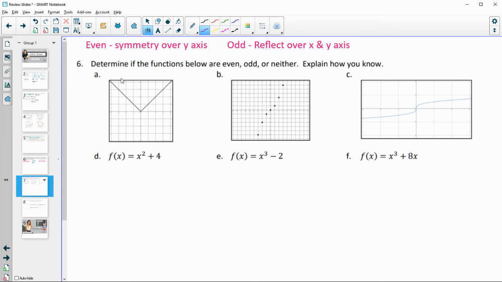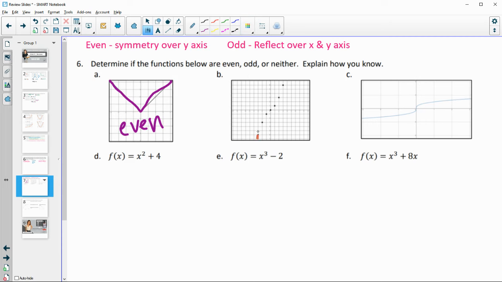If it's able to flip over the y-axis and land on itself, then it's considered to be even. So this one is even, and I'll show you that if we just flip it left or right, it'll land back on itself. So that means that it has symmetry over the y-axis. So this one is even.